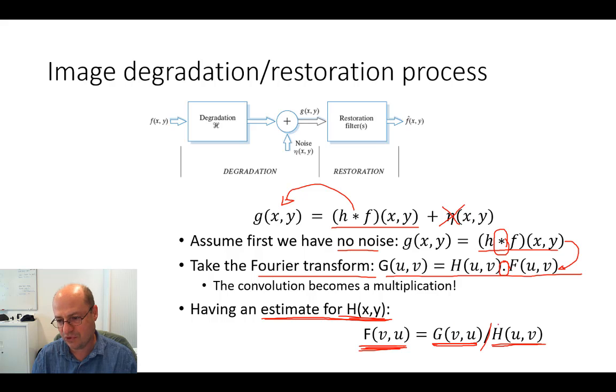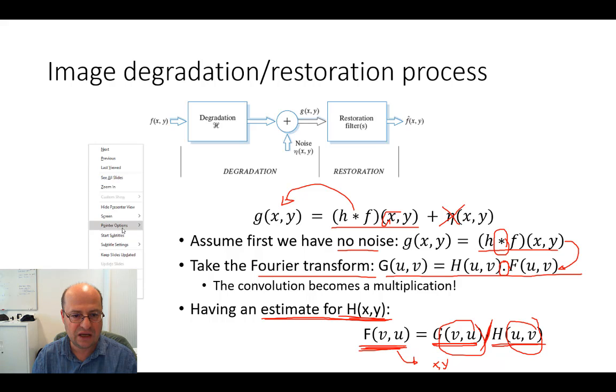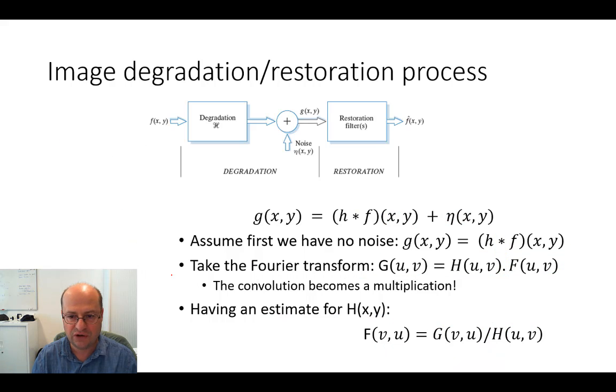Of course, you can simply use division, because here you are in the frequency domain. This is the frequency domain, not the spatial domain. And then in the end, once you get that, you do an inverse Fourier transform, and you go back to the spatial domain and have your image totally reconstructed.